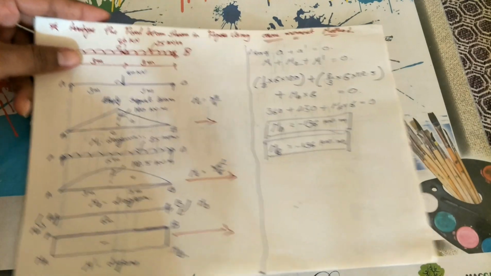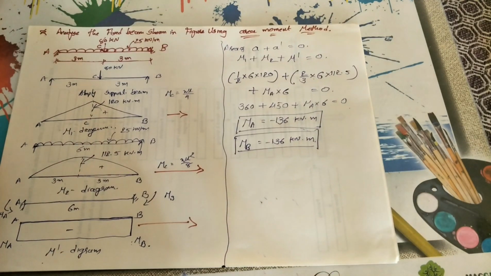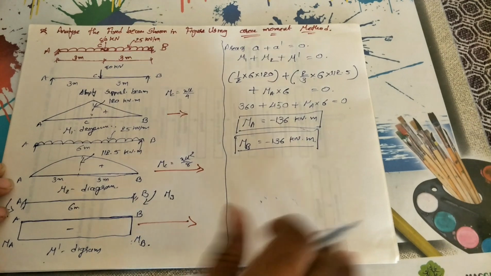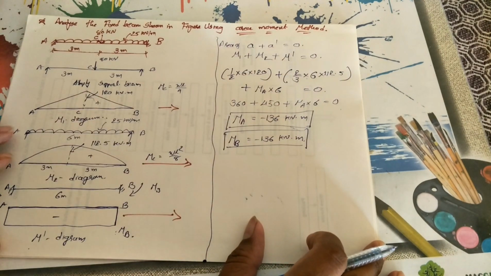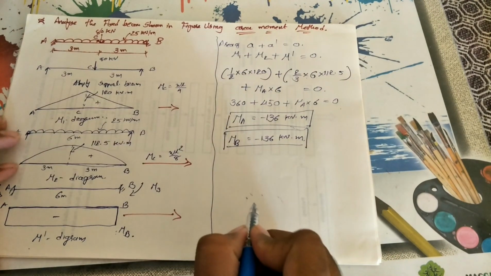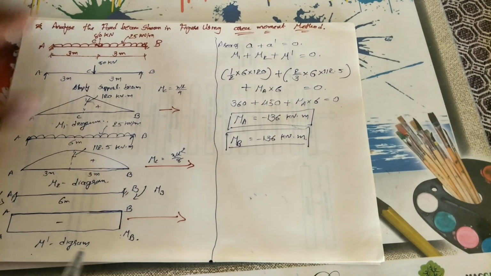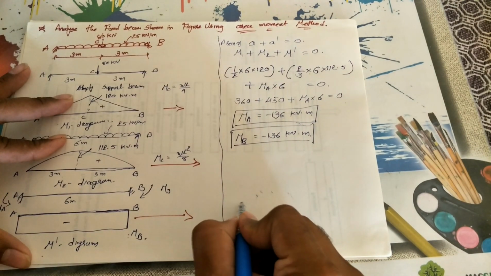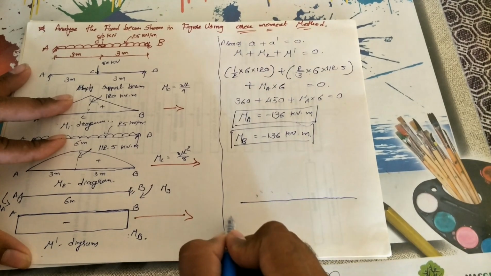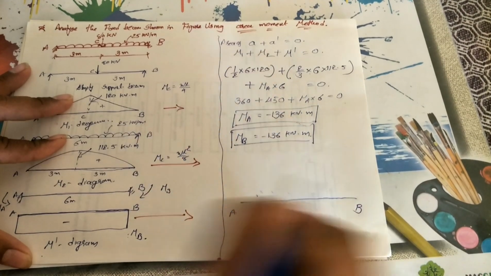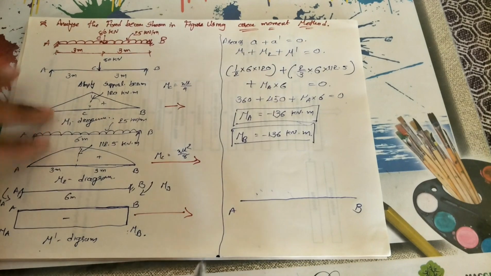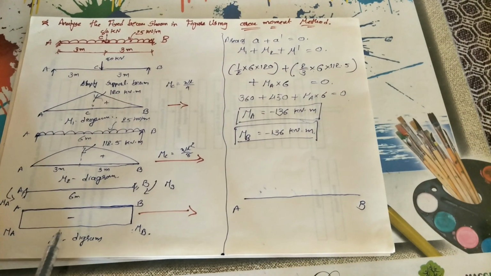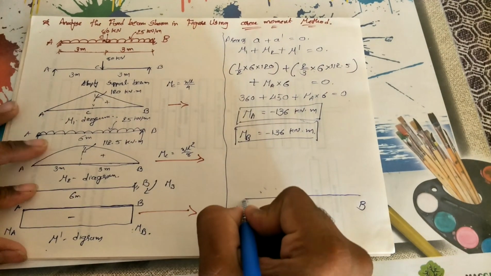If I draw a bending moment diagram for the same, that is a combined bending moment diagram for all of this. At A and B, I will draw this bending moment diagram on the upward side.